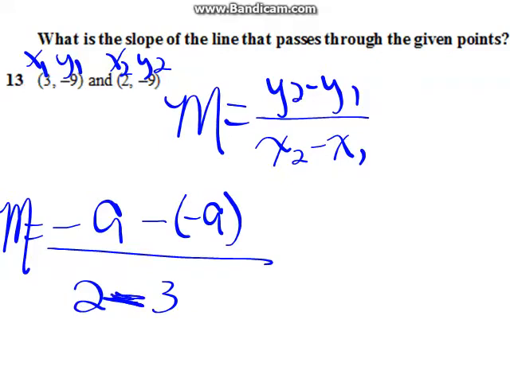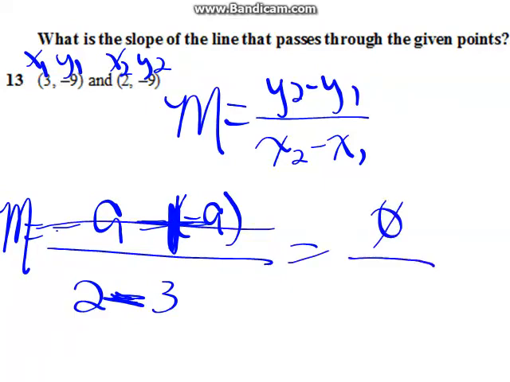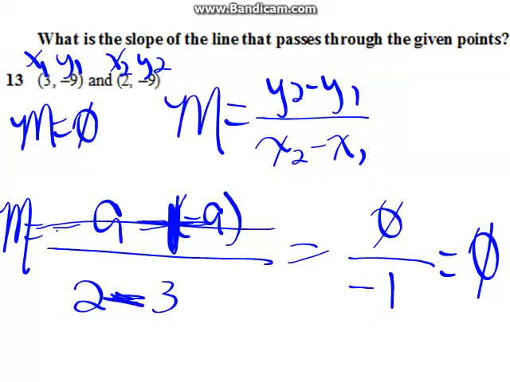It's a minus. So our minus and minus up here goes to plus. -9 plus 9 goes to 0. And 2 minus 3 is -1. Well, any 0 over any number is just 0. So our slope is equal to 0. And we'll stop here.